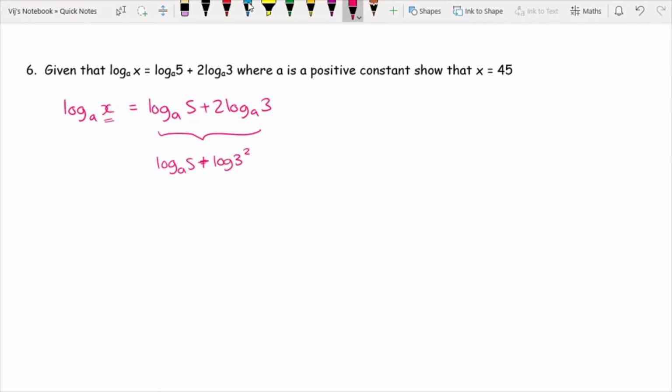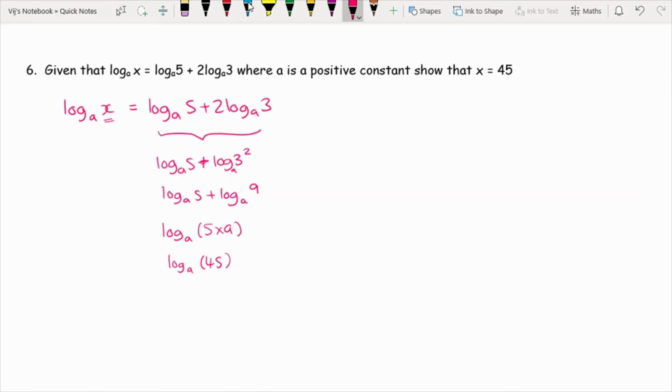So I've got 3 squared, which then becomes log a to the 5 plus log a to the 9. And when we are adding, it means that we're multiplying, so I can rewrite this as log a of 5 times 9, which is log a of 45.